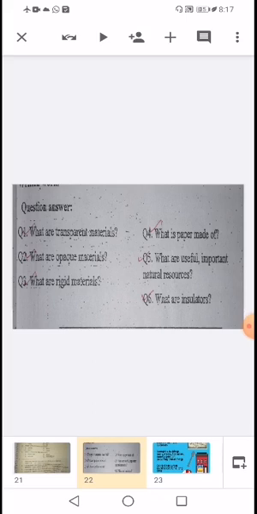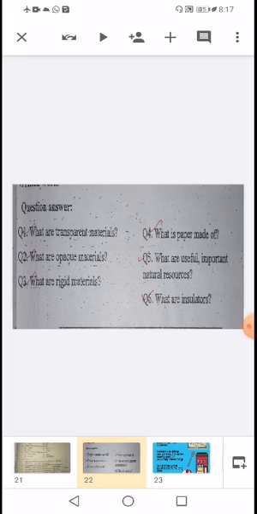The next one is, what are insulators? Insulators are those materials which do not allow heat and electricity to pass through them. Insulators are the materials that do not allow heat and electric current; heat and electricity do not pass through them.